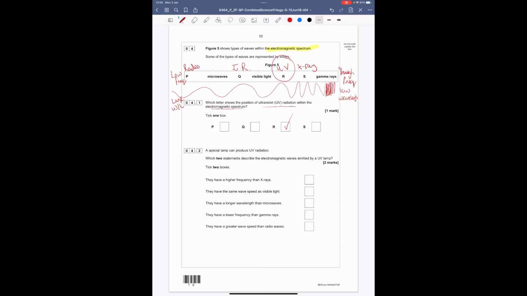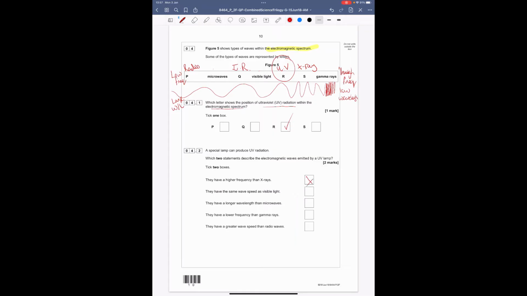Question 4.2 then. A special lamp can produce UV radiation. Which two statements describe the electromagnetic waves emitted by a UV lamp? They have higher frequency than X-rays. Well, if we look at our diagram, actually X-rays have a higher frequency, ultraviolet doesn't, so it can't be that.